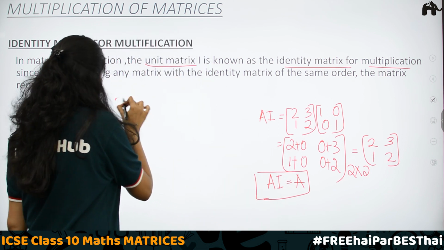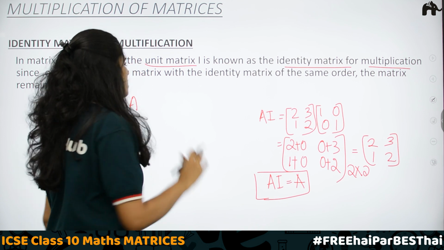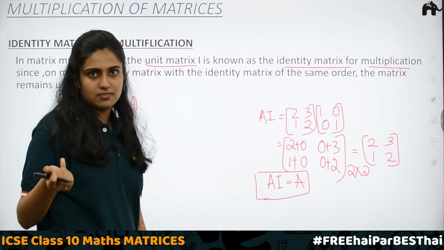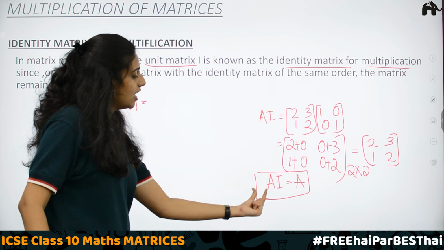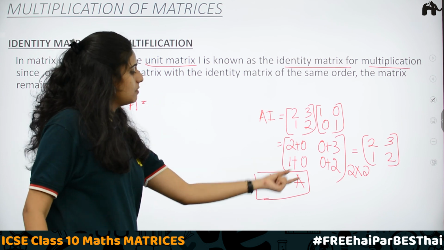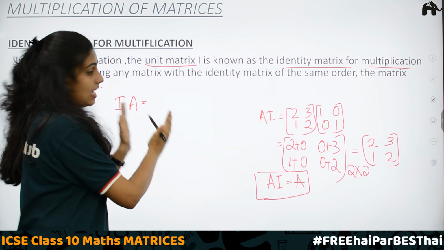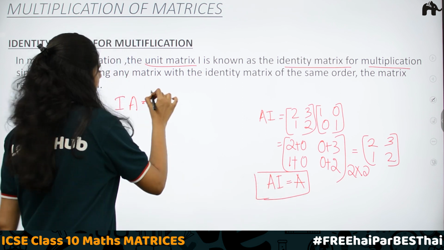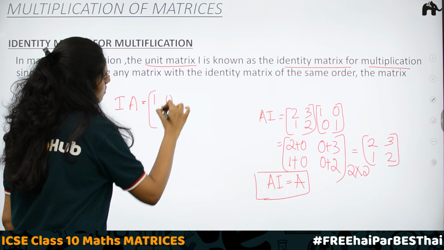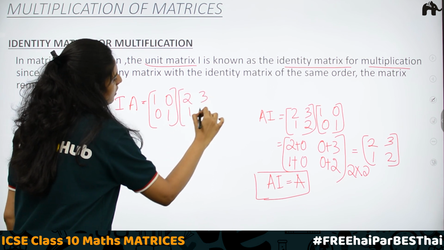Now, when identity matrix is multiplied with matrix A, we know that matrix multiplication is not commutative. We have proved that. Okay. Here we have a matrix A into identity matrix is the same matrix. Now, let us find identity matrix into A. Are they equal to matrix A? Identity matrix is 1, 0, 0, 1 and matrix A is 2, 3, 1, 2.